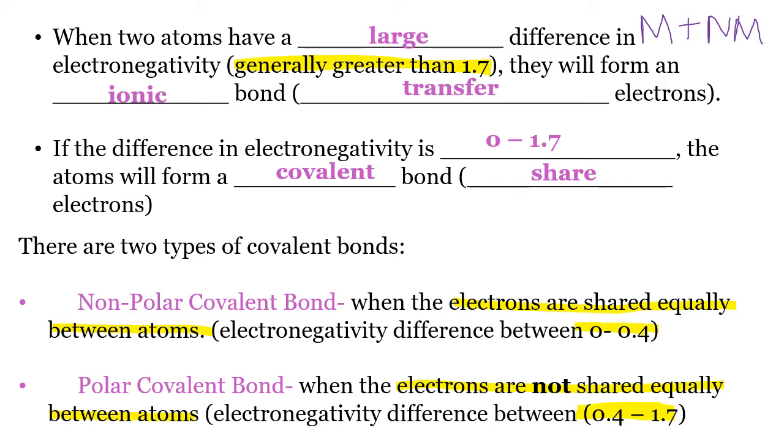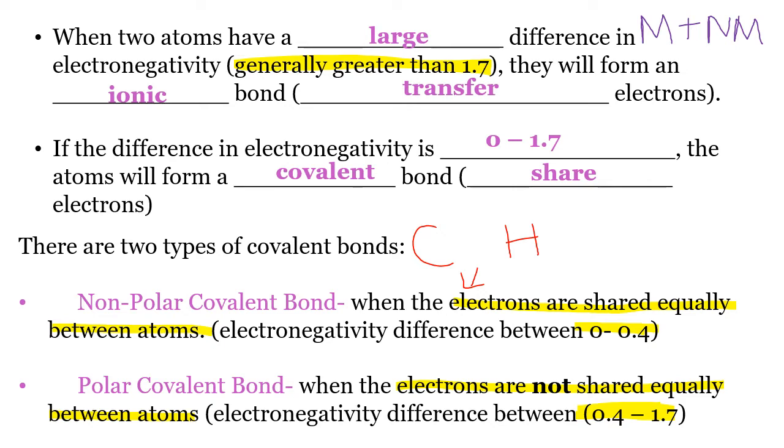So nonpolar, they share them evenly. Polar, they don't share them evenly. If I were to draw it, let's say C and H are a nonpolar bond, a single bond between them.